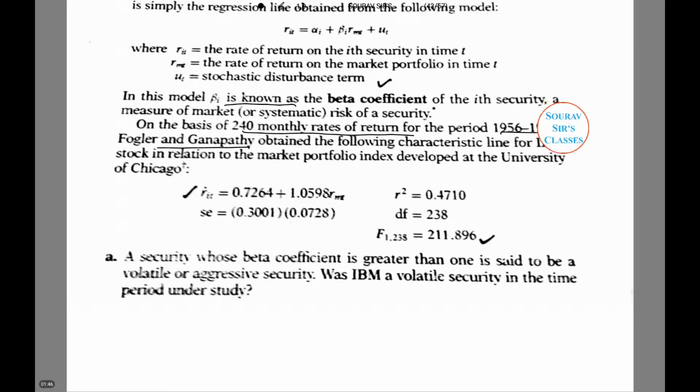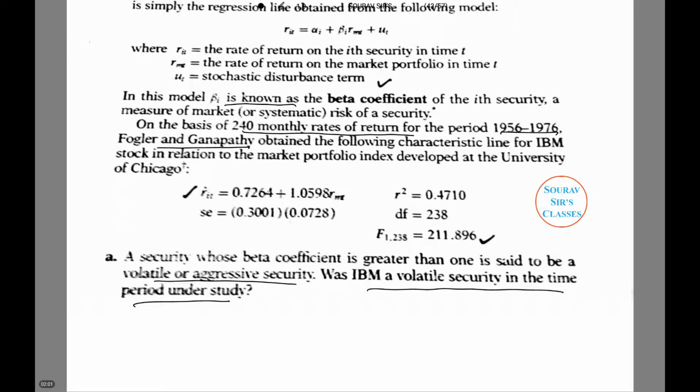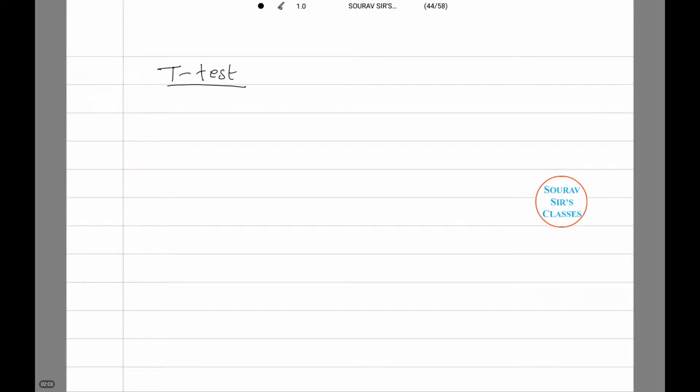We need to figure out a security whose beta coefficient is greater than 1 is said to be a volatile or aggressive security. And now we need to figure out, was IBM a volatile security in the time period under study? Let's see how to do this.